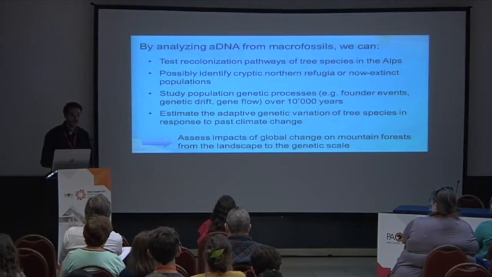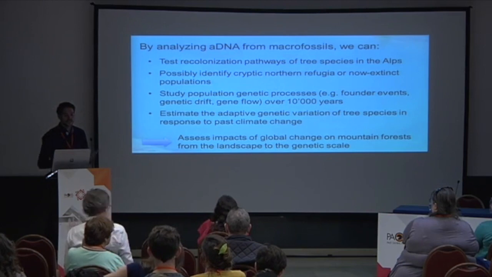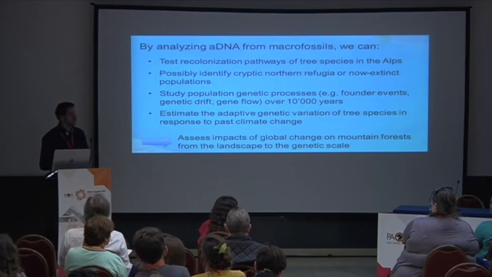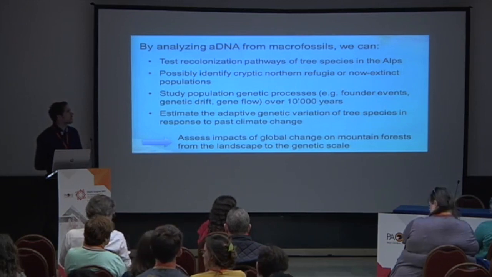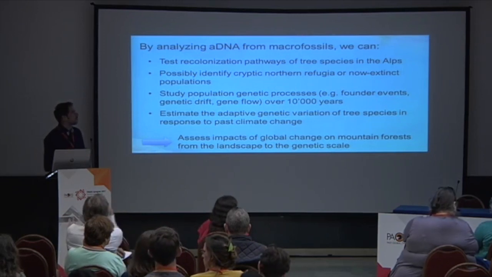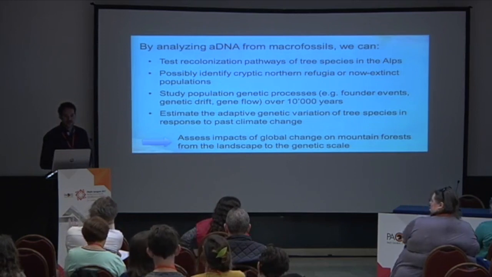So just to sum up again, we think ADNA is really an amazing tool. We think we can test recolonization pathways of tree species, and we might also possibly be able to identify cryptic populations that do not show up in pollen analyses.